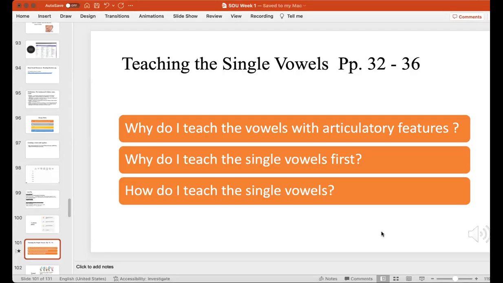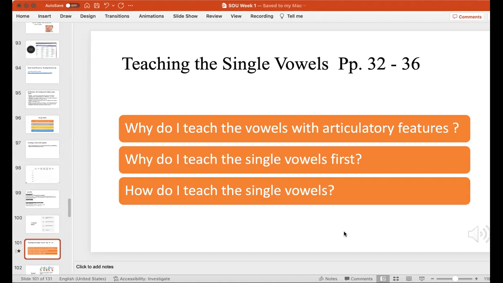The reason that we teach the single vowels first, and we have single vowels and vowel digraphs, 2 vowels, 2 letters, but we always start with the single vowels in the Common Core standards. That's what you teach in kindergarten, and you repeat in the beginning of 1st grade.